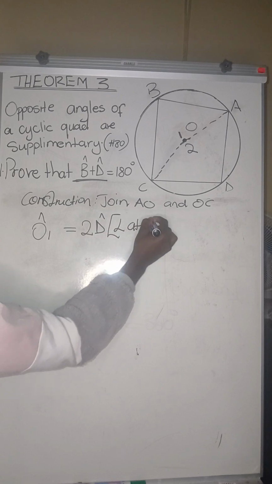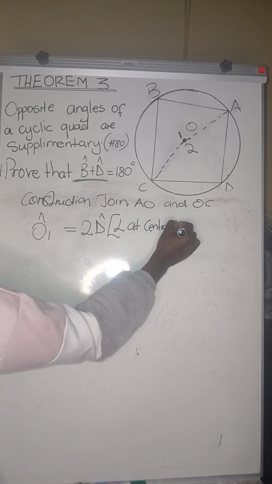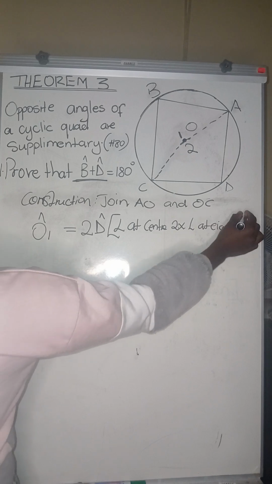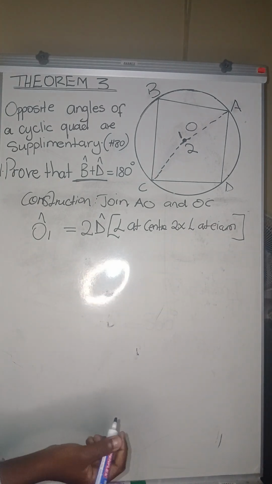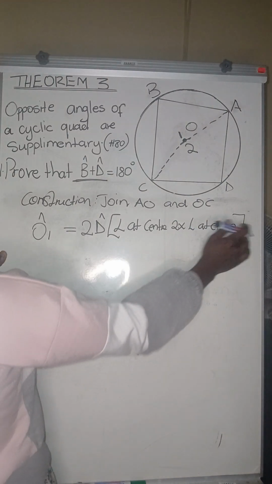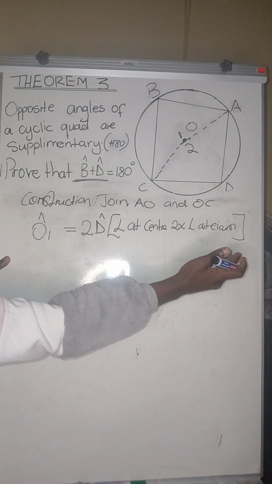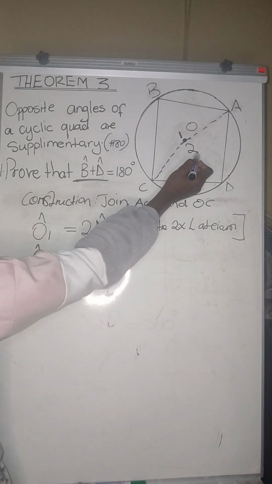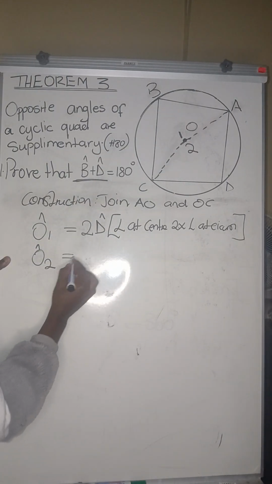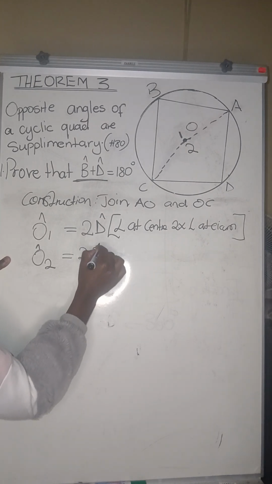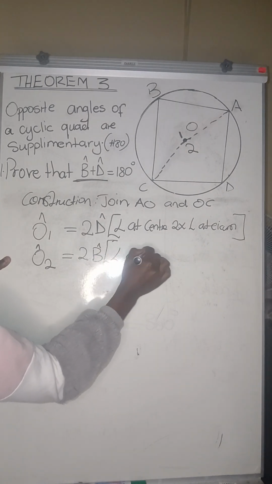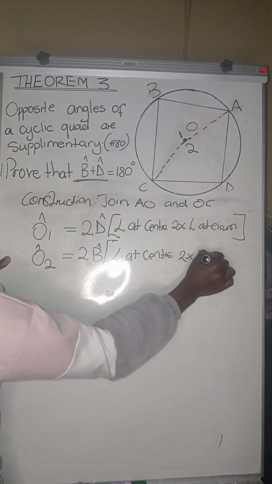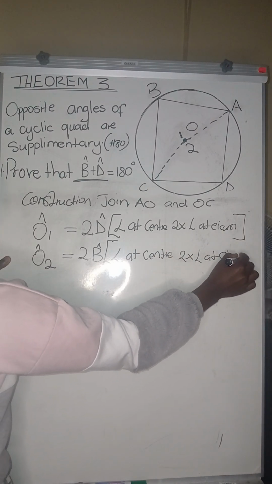Angle at center is 2 times the angle at circumference. You must make sure you write it all; this one is the longest reason. And then O2 is equal to twice B. The same reason: angle at center is 2 times the angle at circumference.